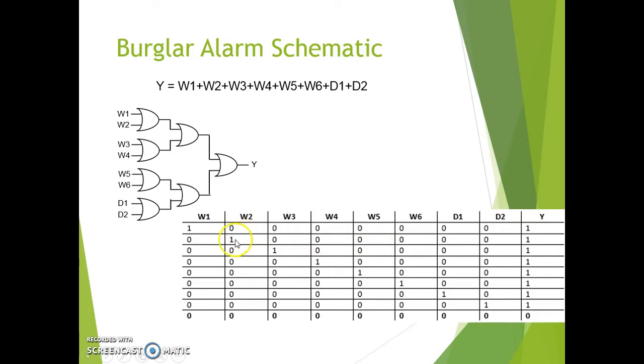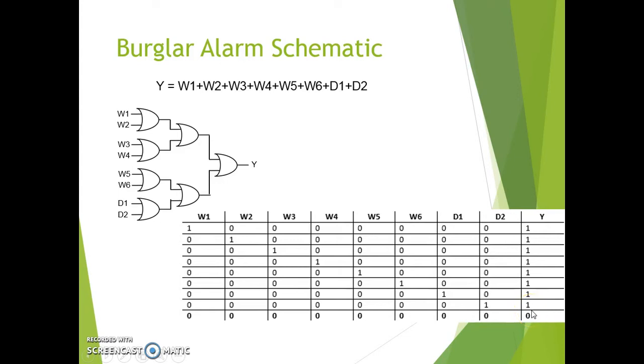If window 2 triggers, regardless of the other sensors, the alarm triggers, and so on and so on until we get down to the opposite case where none of the sensors are triggering, and so the alarm does not go off.